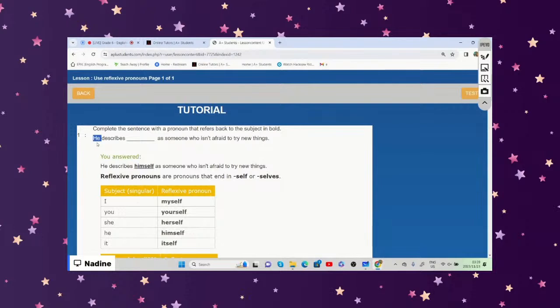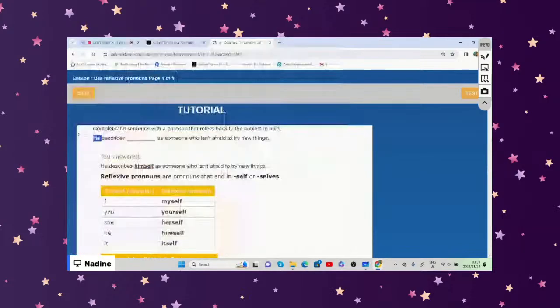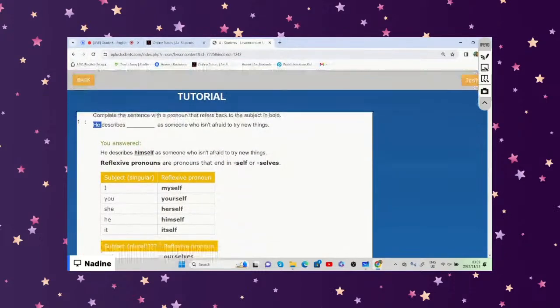All right, so if we choose the correct one, we can say himself. Let's choose. Then we choose himself. So he describes himself.